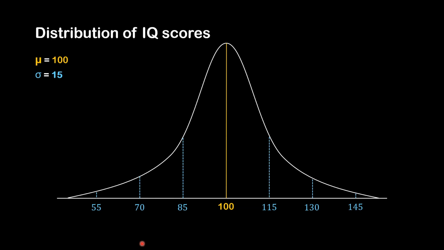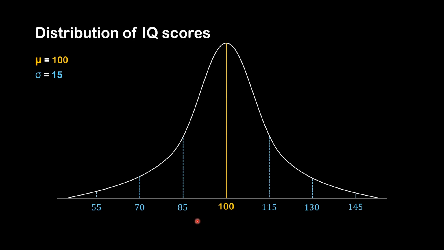Now let's take a real-world example: IQ scores. IQ scores are approximately normally distributed. So let's pretend that this is the distribution of IQ scores. We have a mean of 100, a standard deviation of 15, and we're going to use the properties of the normal distribution to estimate the probability of observing someone with a specific IQ score.